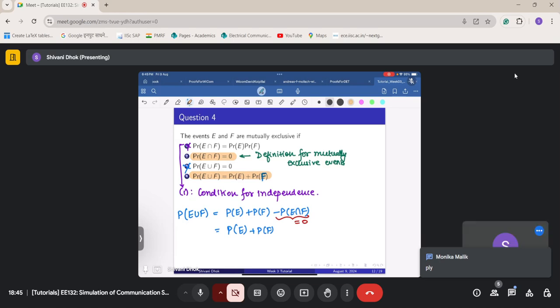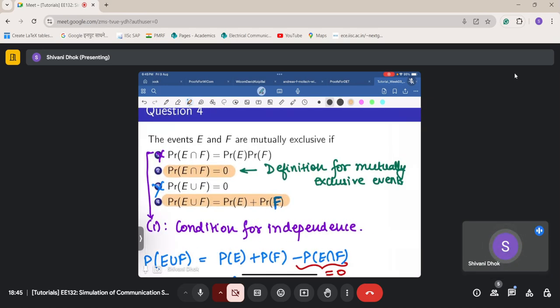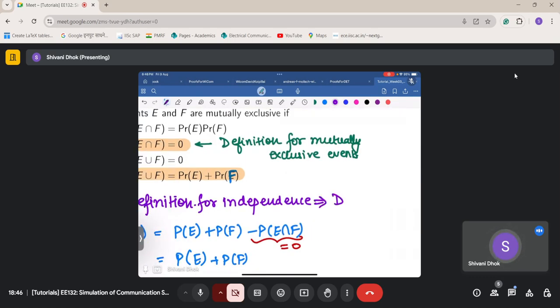Two events E and F are independent if probability of E intersection F is equal to probability of E into probability of F. Instead of writing condition, I should write it is the definition. And this doesn't say anything about mutual exclusiveness.